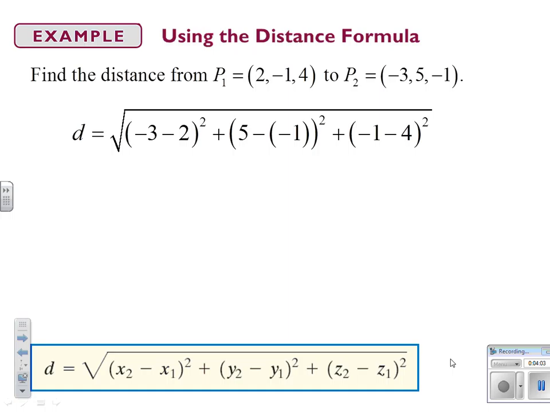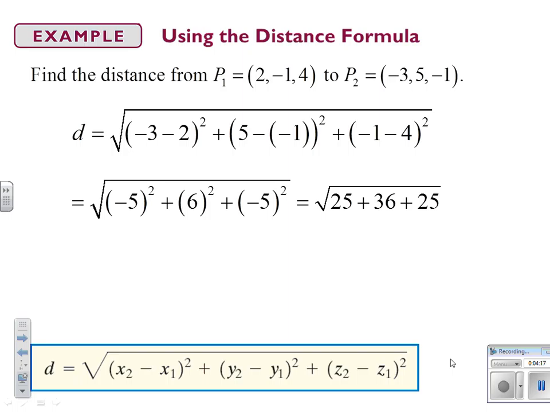So here we'll get -5 squared, 5 plus 1 is 6 squared, and -1 minus 4 is -5 squared. We go ahead and square those according to our order of operations. Thank you, pre-algebra. 25 plus 36 plus 25 is 86.